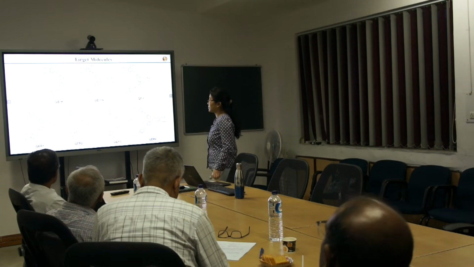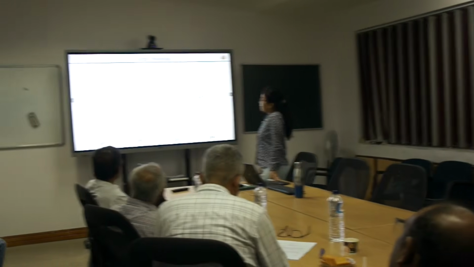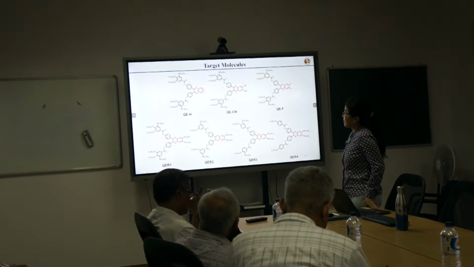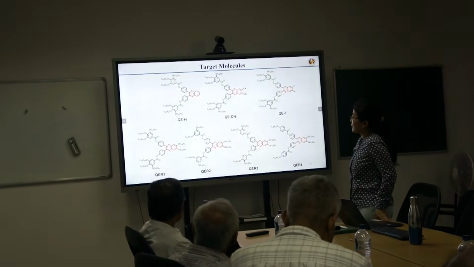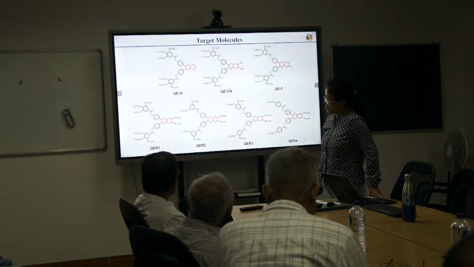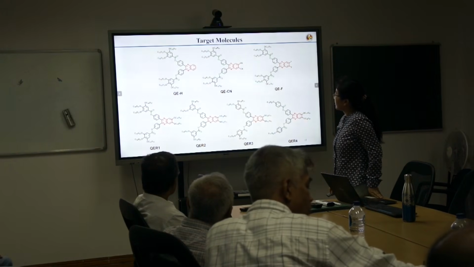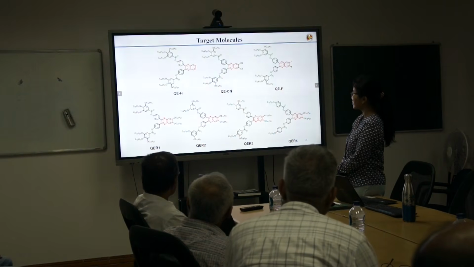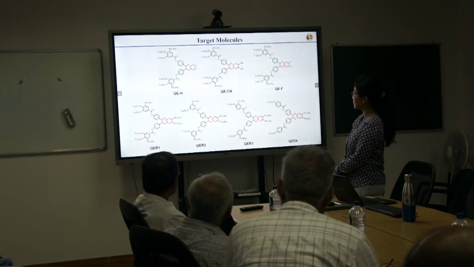I have a question here for the first 3 molecules. I see that you have an unsubstituted carbocycle in the first one, then a dicyano, then a dipro, right? And in the second series you have all the linkages with long alkyl chains.